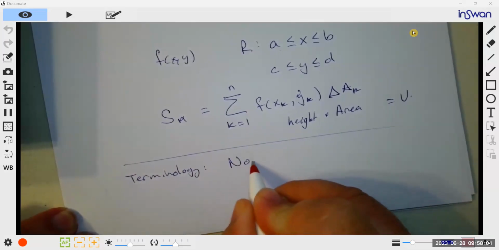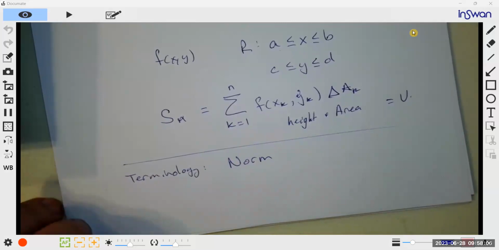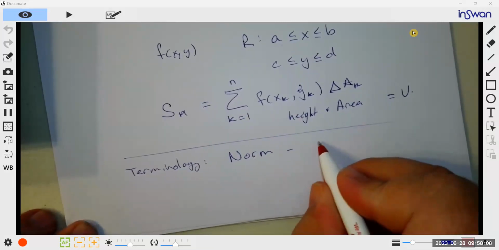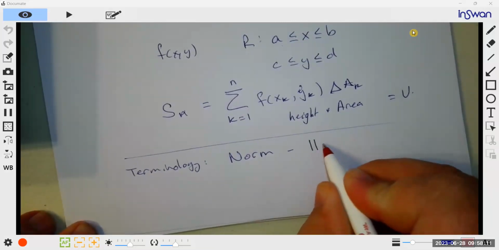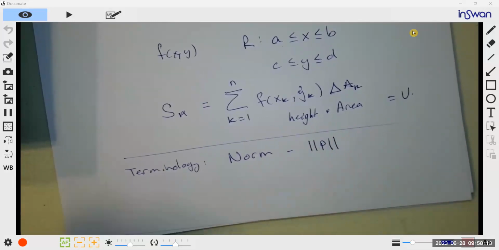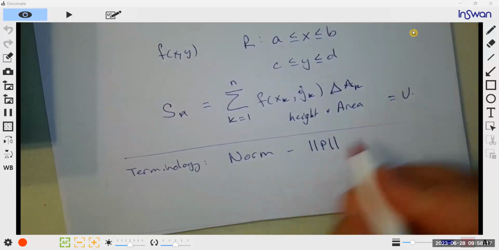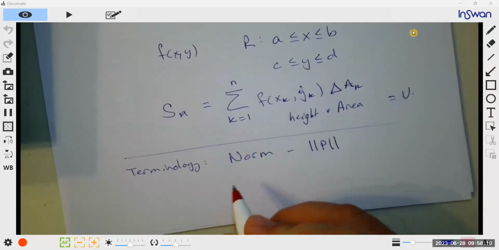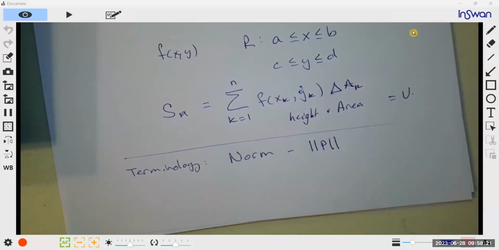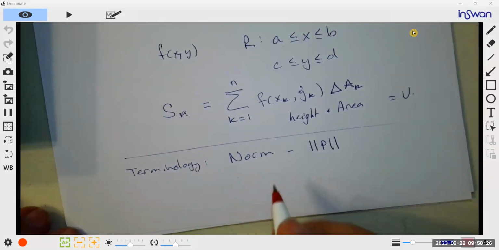We're going to use something called the norm. It's represented as that, where P represents the height and width of the rectangle we're looking at.